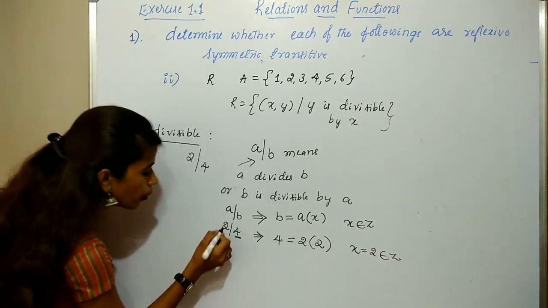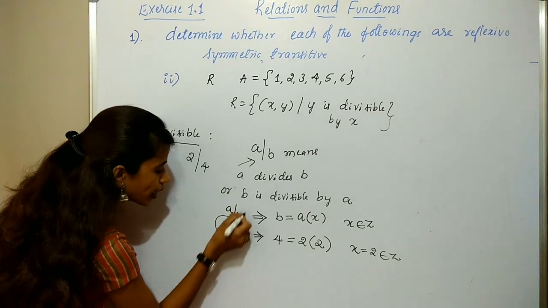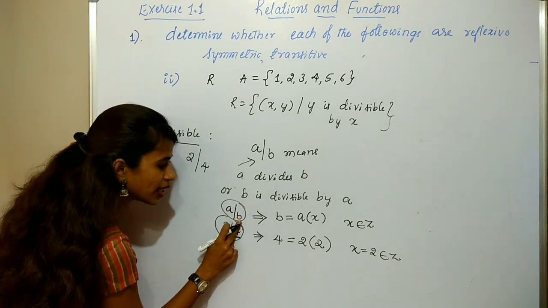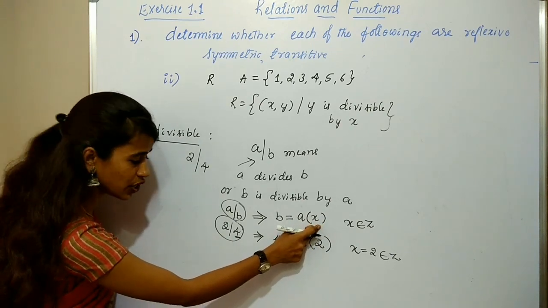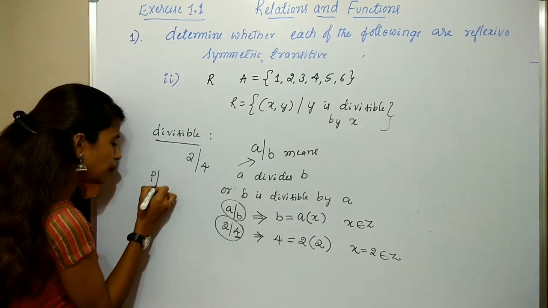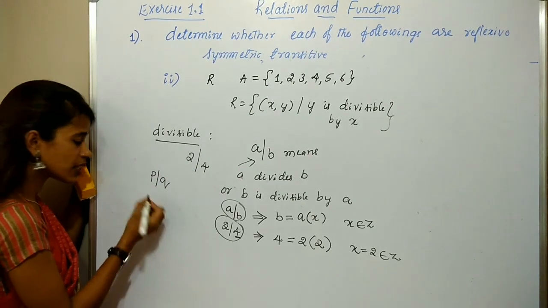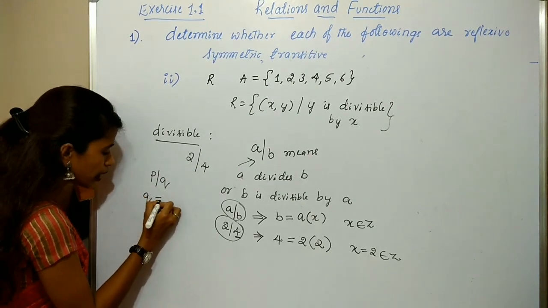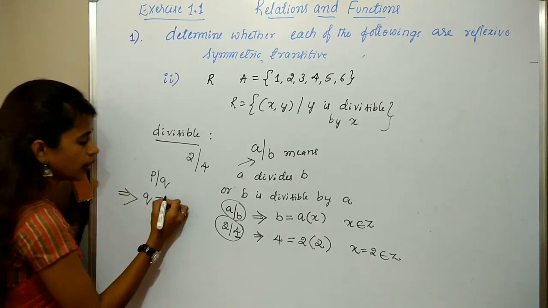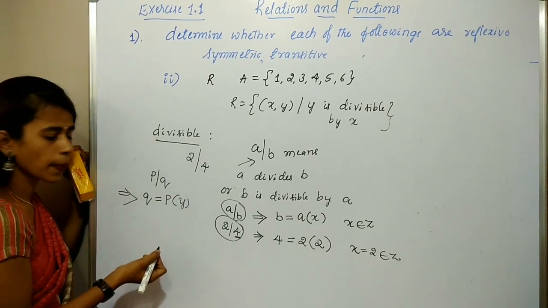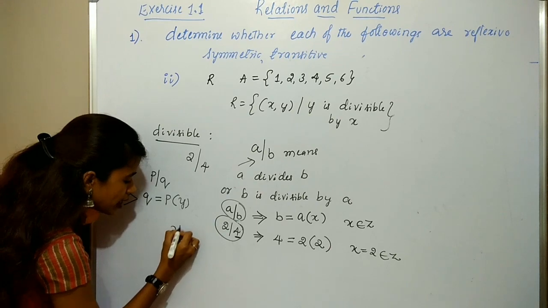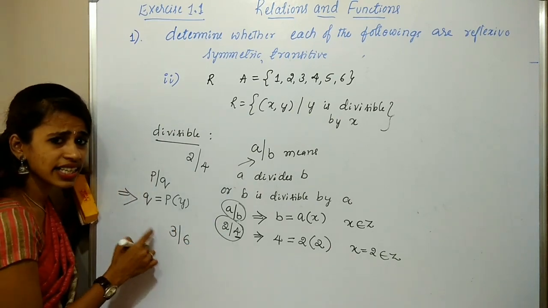So A divides B means B can be written as A into something, and that something must be an integer. If I write P divides Q, it means Q can be written as P into something, say Y. Here 3 divides 6. Does 3 divide 6?